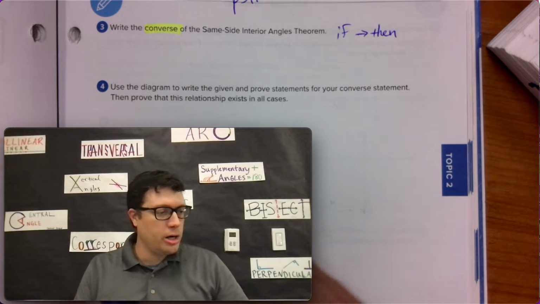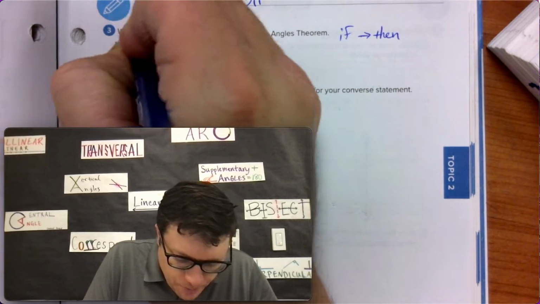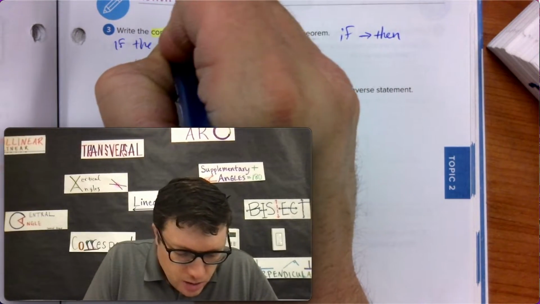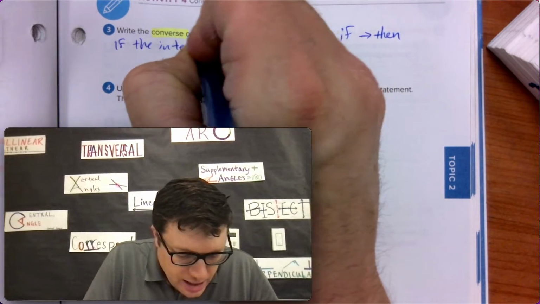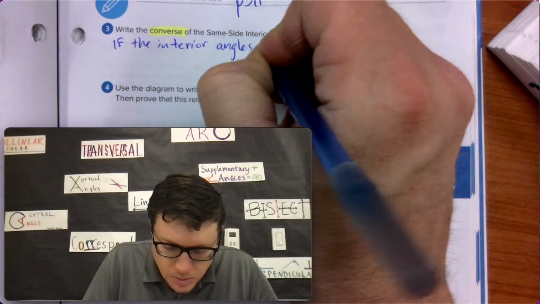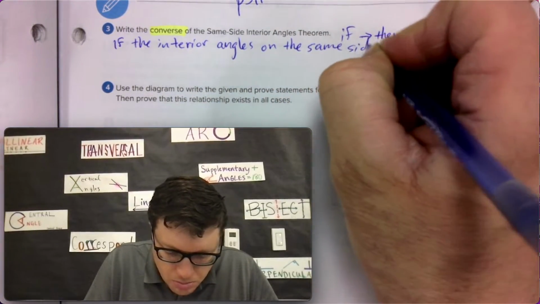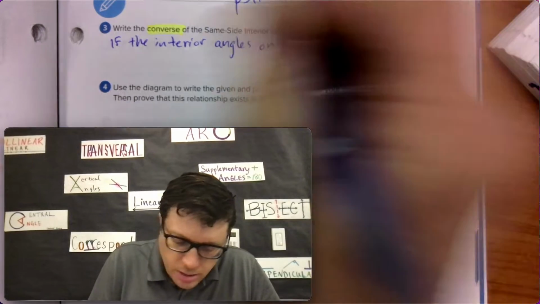So having my note card here on the side, a little copy paste as we go along: if the interior angles on the same side of the transversal are supplementary, write all that down.